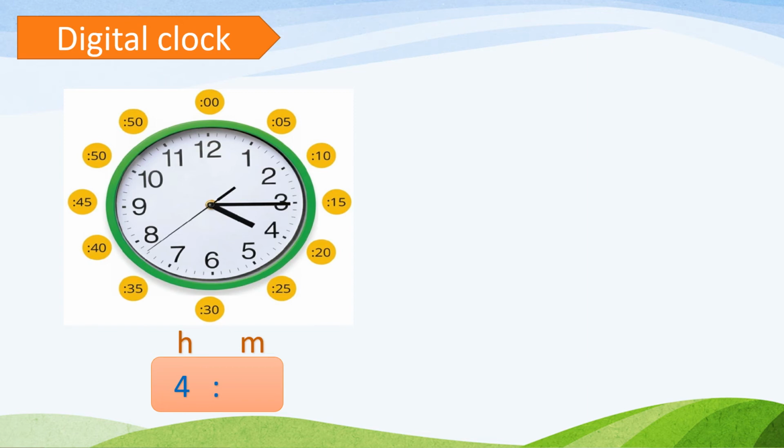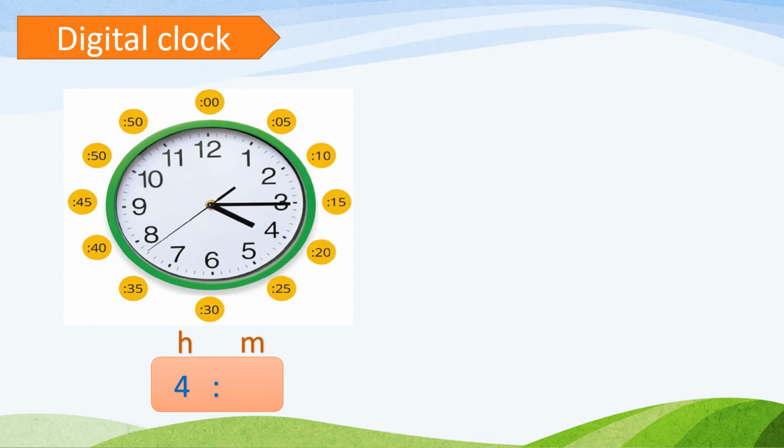Then you should memorize these numbers: 5, 10, 15, 20, 25, 30, 35, 40, 45, 50, 55, 60. 60 here, it means 0, 0. Okay? They are the same.